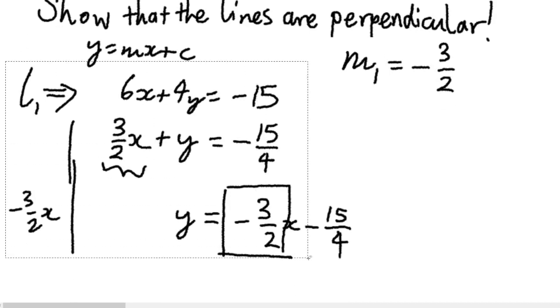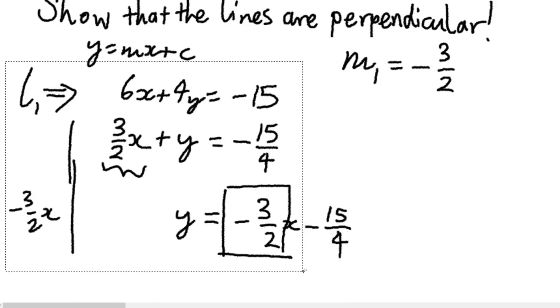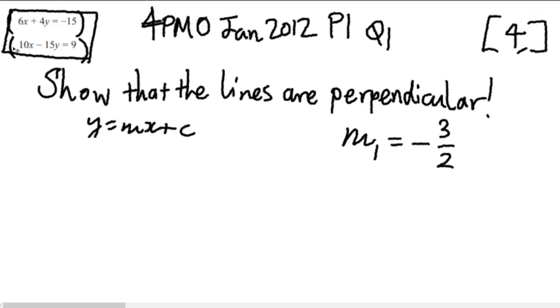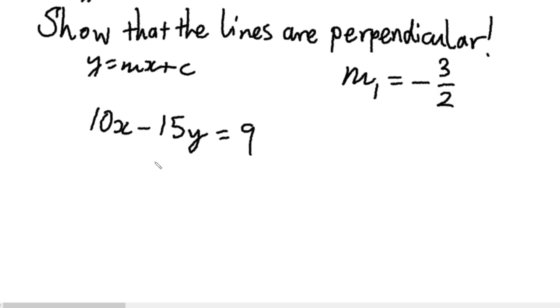So now let's give this same treatment to the other equation in question. As we are given that 10x minus 15y is equal to 9, the first thing you'll want to do is to isolate the y term.